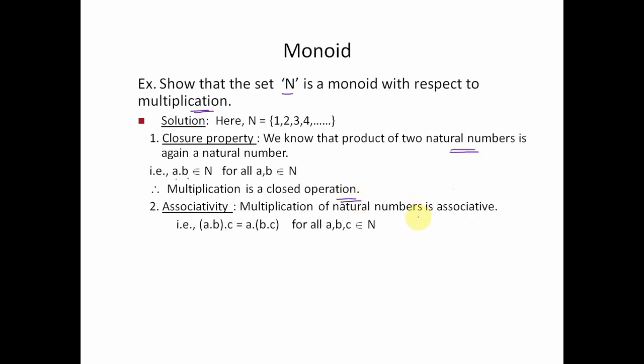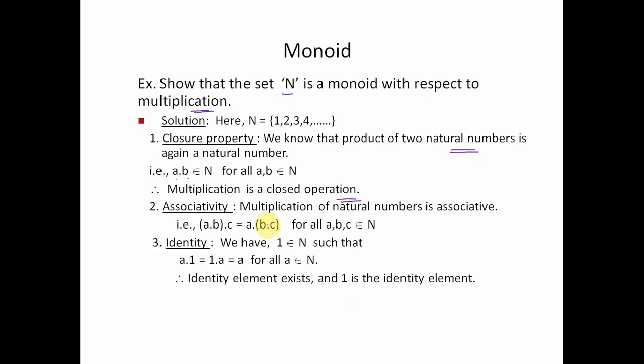Associativity, once again we know that multiplication of natural numbers is associative, as a multiplied by b, multiplied by c is equal to a multiplied by b multiplied by c. This is something that I know about the multiplication of natural numbers. So this is associative. And we also know that we have an identity element.